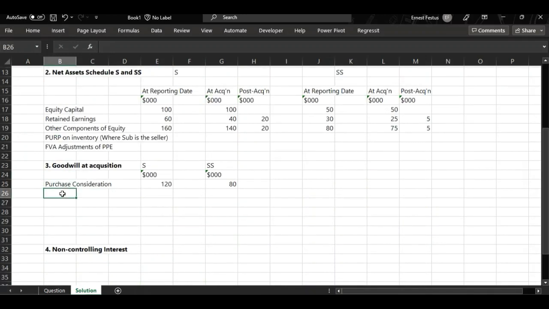So this is what I mean. We'll come here and do less indirect holding adjustment. And this is what we will do.